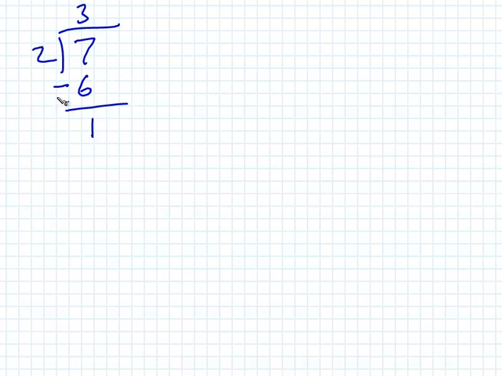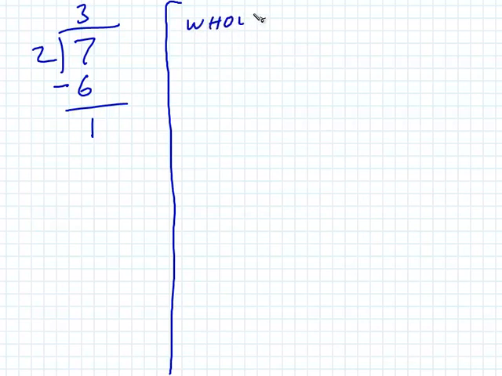Okay, so how do you state the answer here? What is the answer if I take 2 divided into 7? Well, there's 3 ways you can answer that question. One way involves whole numbers only. And that's appropriate if you have a problem where only whole numbers are solutions.